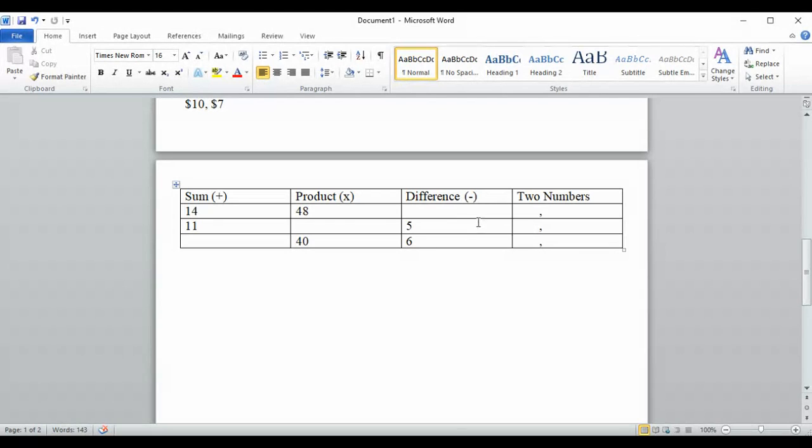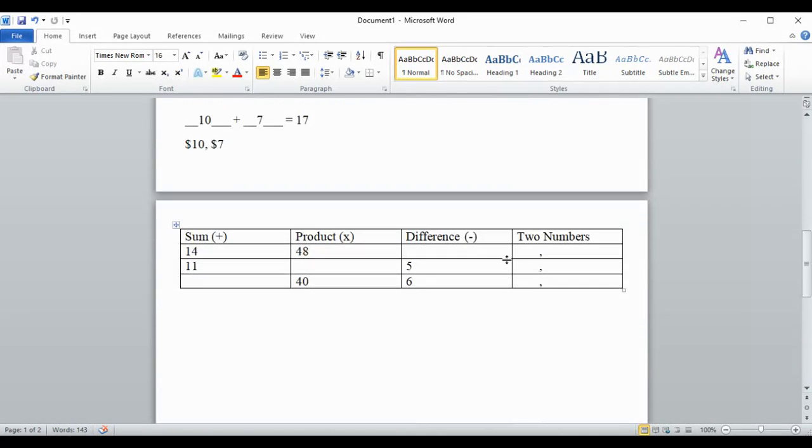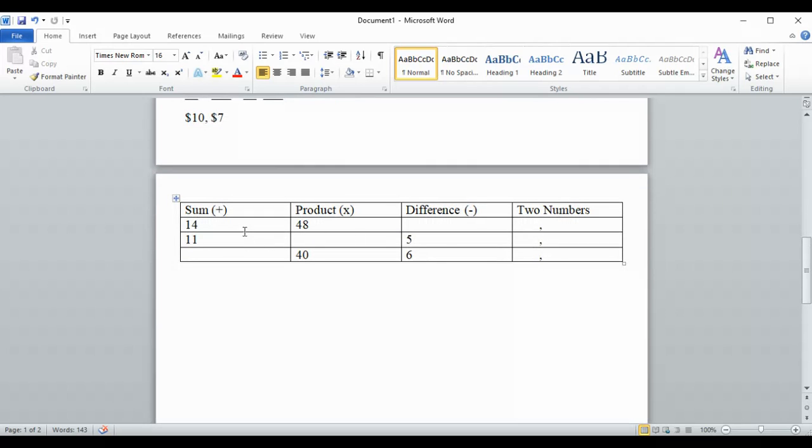So what you're going to be doing here is very similar to this very first problem up here. So if we have 2 numbers that when you add them, they equal 14. When you multiply them, they equal 48. And then we're going to have to tell what the difference is and what the 2 numbers are. So starting here, I'm going to start with the 14 and I'm going to say, what are 2 numbers that equal 14?